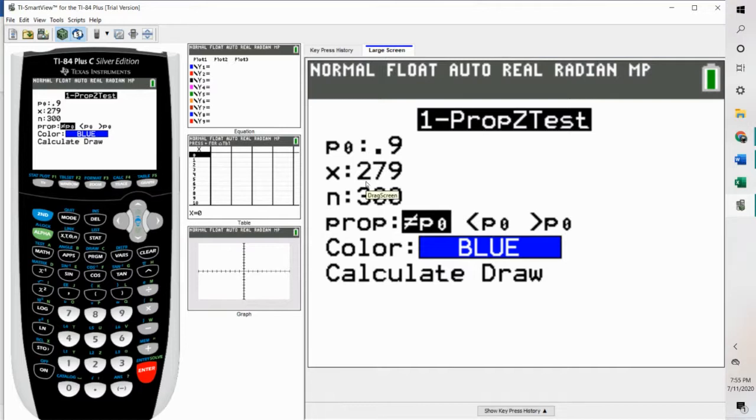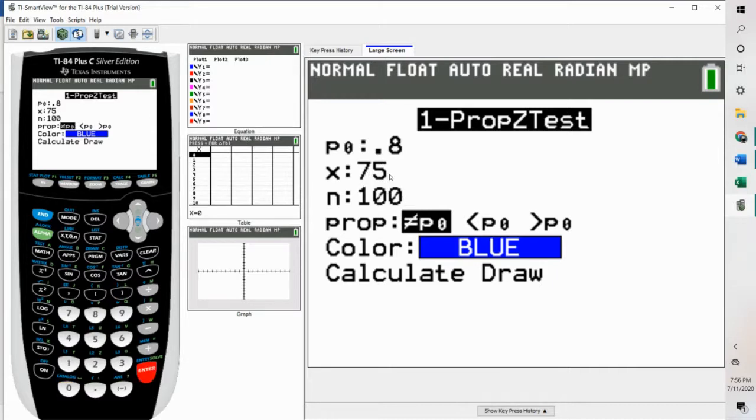And then our hypothesis was 80%, so 0.8. And then our mean was 75%. Well, 75% of 100, or 100 times 0.75, is 75 out of the 100.